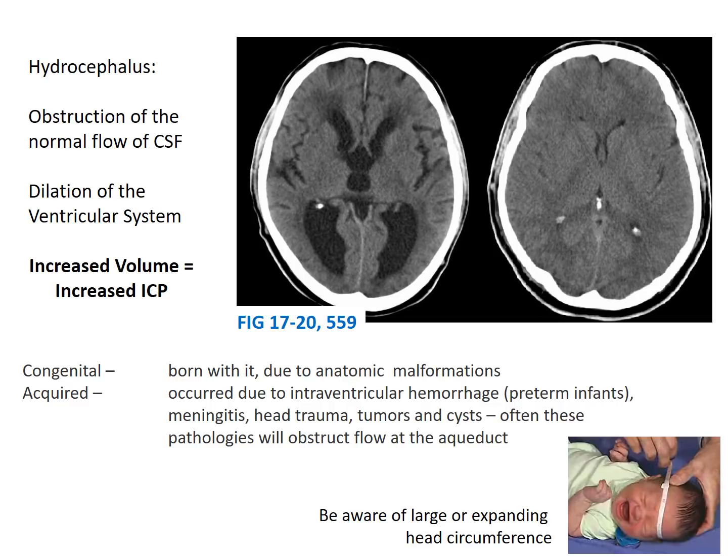If you have some type of pathology that compresses the third ventricle or compresses the aqueduct, then CSF can't move. And when CSF can't move, it accumulates above the obstruction.